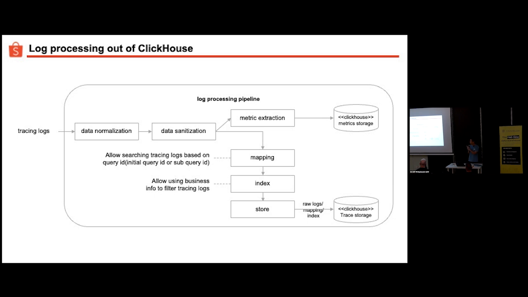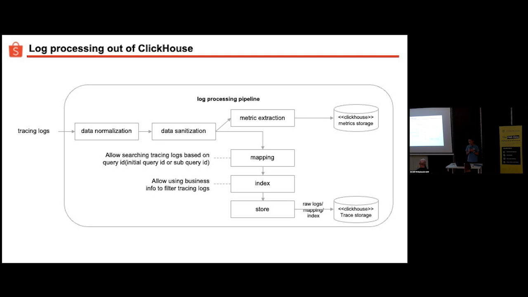What I want to mention is mapping, because we generate a unique trace ID for each request, but this ID is not visible to users. Users only know their query ID. They don't know the trace ID. So how do they find the trace logs for each of their requests?